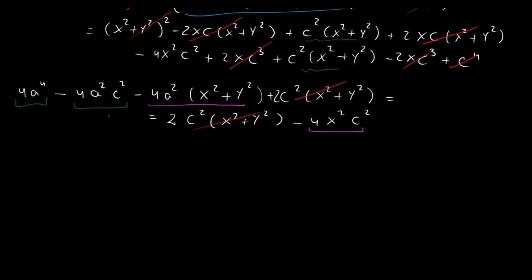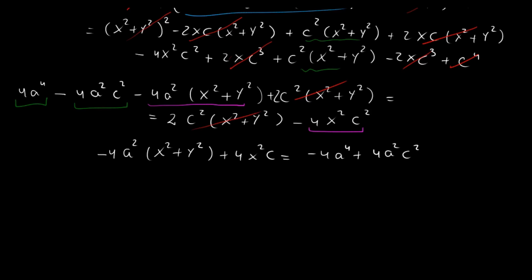So I'm gonna leave on one side those that do depend on x and y, on the other side those that are just constants. So here we're gonna have minus 4a squared times x squared plus y squared, and this one plus 4x squared c squared, and this will be equal to minus 4a to the power 4 plus 4a squared c squared.